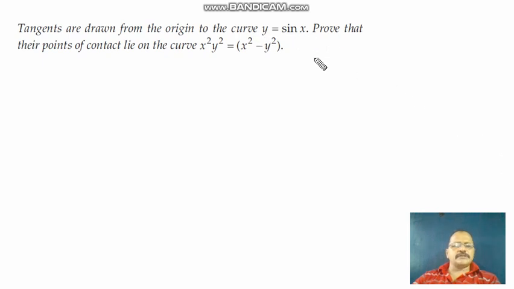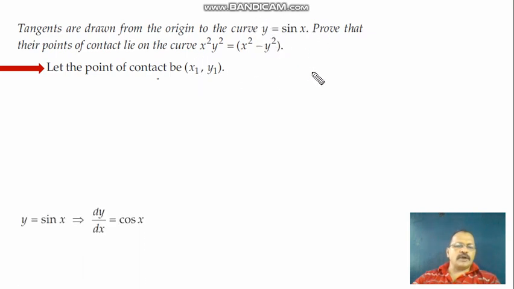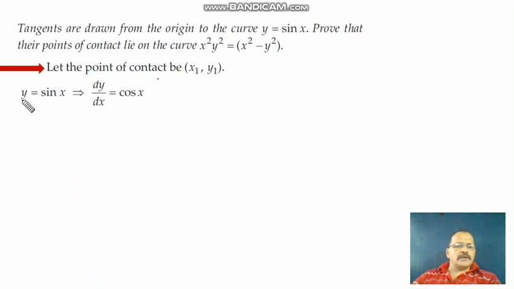First of all, differentiate this and find dy by dx. Assume that the point of contact on this curve y equal to sin x is x1 y1. Since y is equal to sin x, dy by dx is equal to cos x, and therefore dy by dx at x1 y1 is cos of x1.